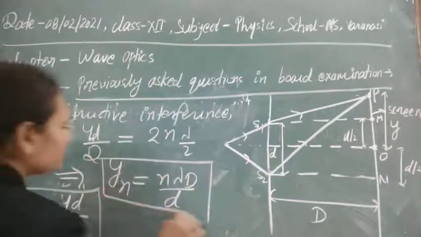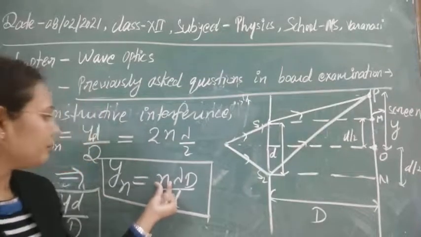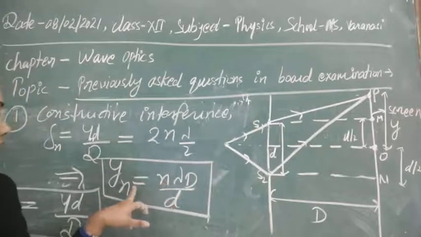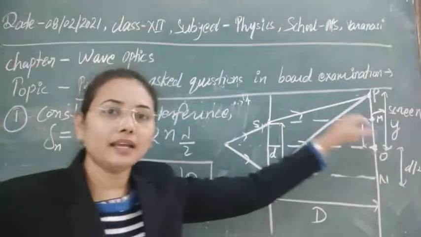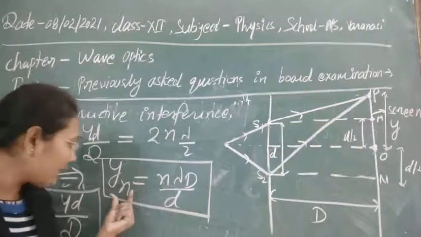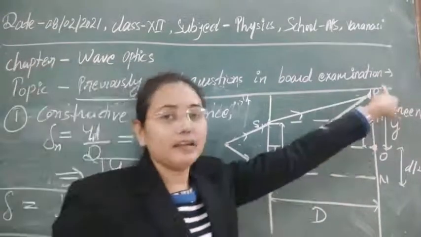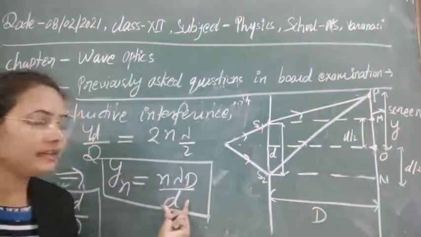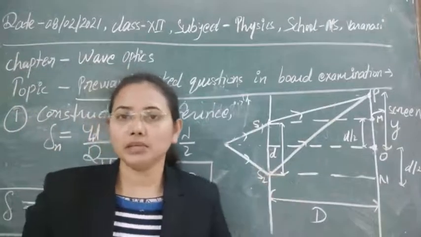Here we can put the values of n as 0, 1, 2, 3, 4. If we put 0, then y is equal to 0, means at this position we will get maximum intensity. Again for n equal to 1, at distance lambda D by d, at any point P, if this distance y is equal to lambda D by d, then we will always get constructive interference there, or maximum intensity.